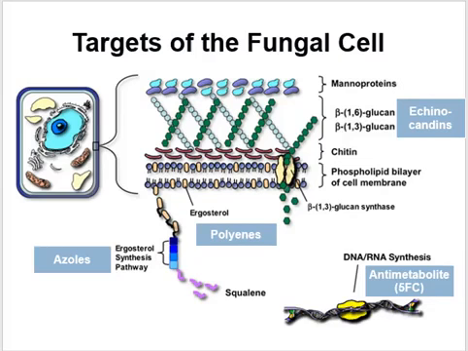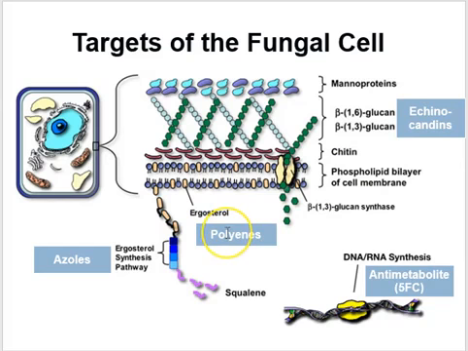So these are the targets of the fungal cell. What I like about this particular slide is that you've got a nice diagram of a fungus basically showing the molecular framework where all these drugs can have their effect. And so glucan synthesis, which makes the cross-linking portion of the majority of the cell wall, can be antagonized by the echinocandin family of compounds, such as caspofungin.